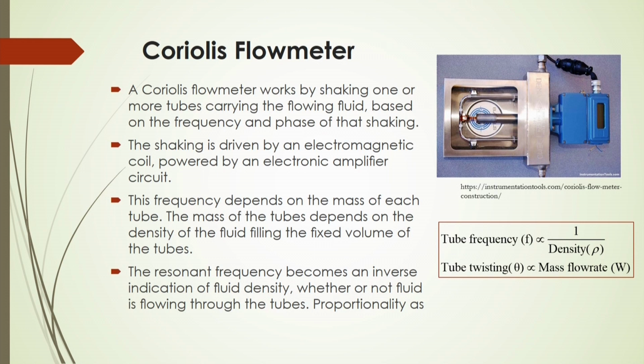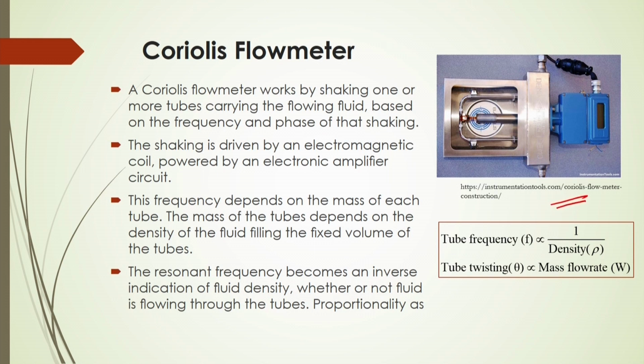The shaking is generally driven by an electromagnetic coil powered by an electronic amplifier circuit, and this frequency depends on the mass of each tube, and that mass of the tube depends on the density of the fluid filling the fixed volume of the tube, as per the figure shown here.